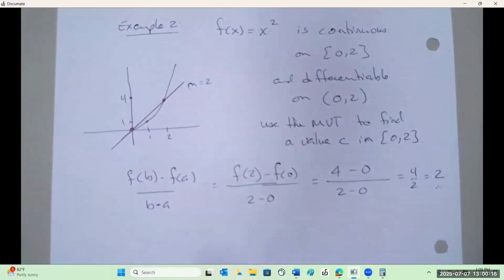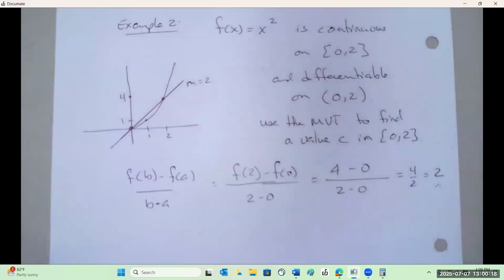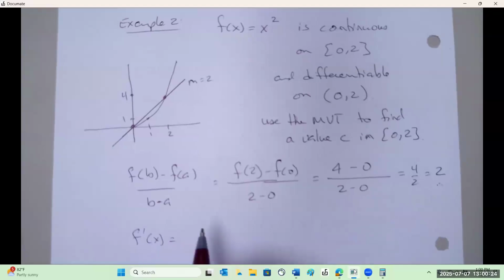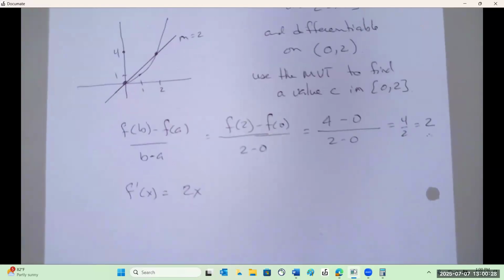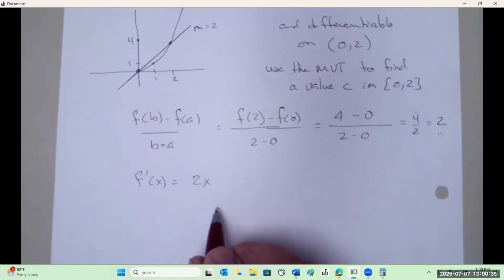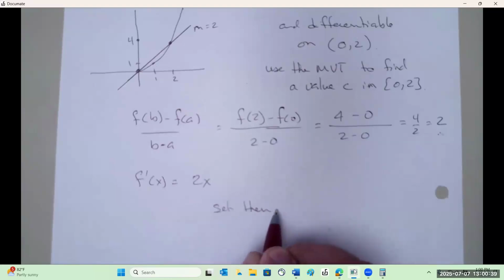Now it's going to tell us that there's a point somewhere on this curve that has the same slope. So now we have to find the first derivative, which is 2x. Set them equal to each other.